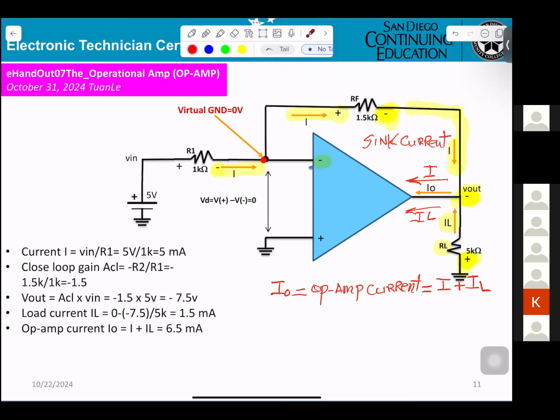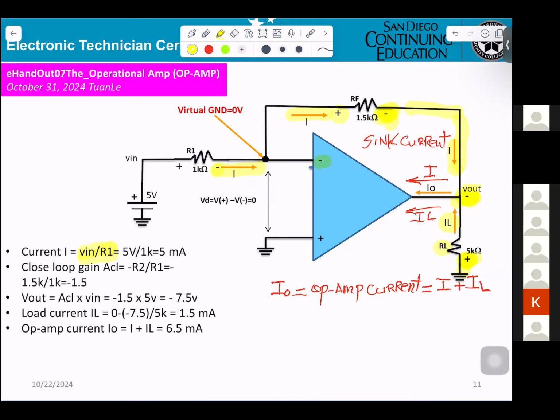You can use Ohm's law. Then I will be equal to Vin divided by R1.